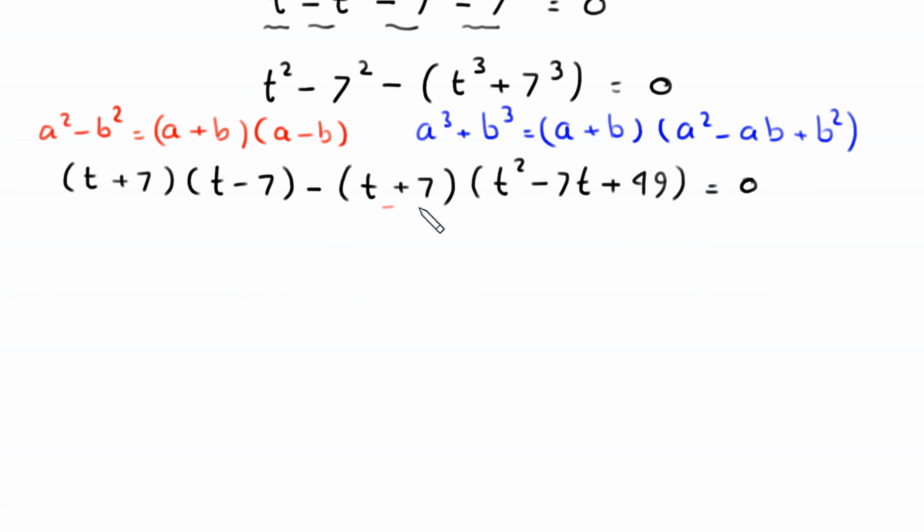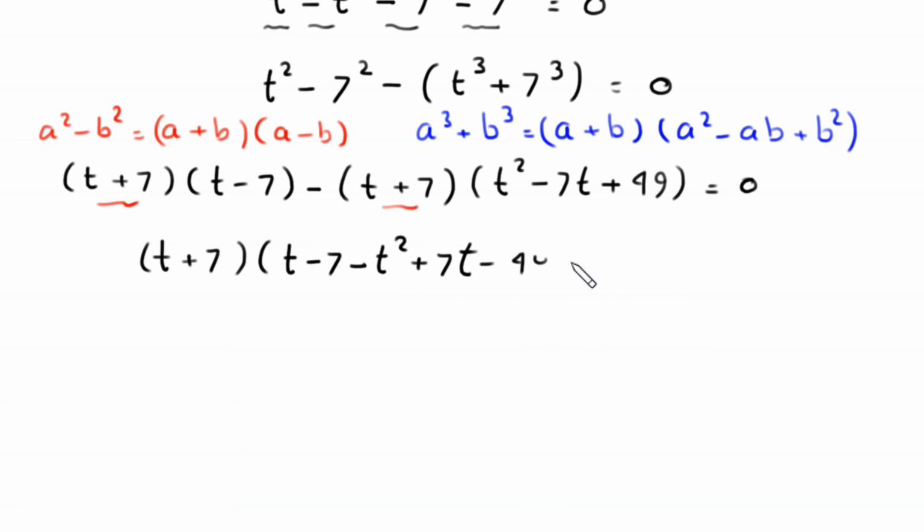Now this t + 7 is a common factor, so we factor out this t + 7, and in the bracket we get (t - 7) - (t^2 - 7t + 49) = 0.